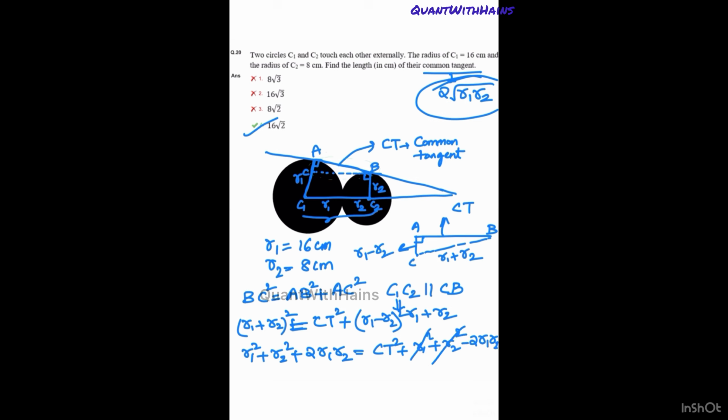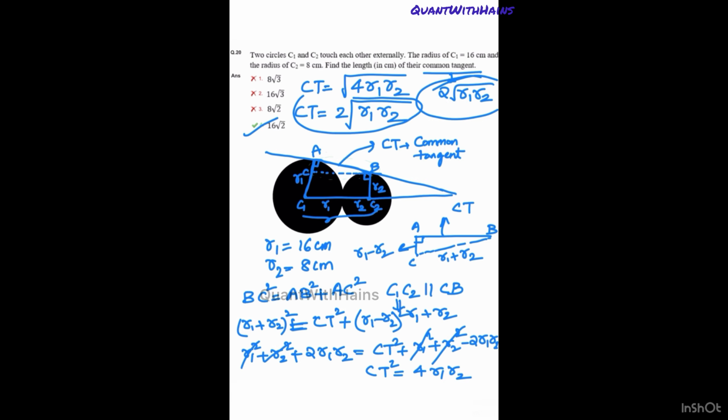R1 square and R2 square both can be cancelled. So CT square is 4 times R1R2. If you remove the square, it becomes root. So the common tangent formula is under root 4R1R2. Root of 4 is 2 and root R1R2. So the common tangent formula is this.